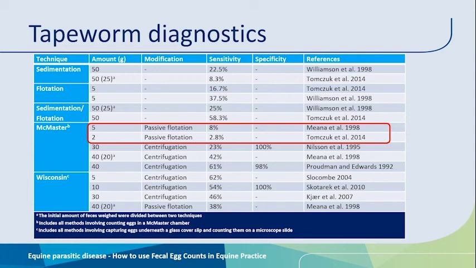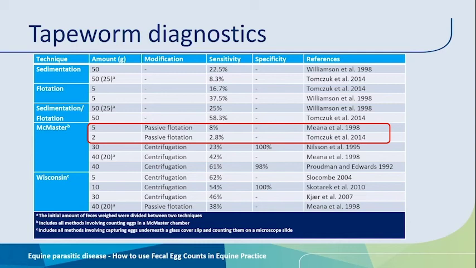And in the red bracket here, you can see that the standard McMaster, and there are two different versions of it evaluated here, had diagnostic sensitivity of less than 10%. Less than 10%, that is not just poor or bad, that's pathetic, useless. So the simple McMaster is not reliable for detection of tapeworm eggs in fecal samples of horses.